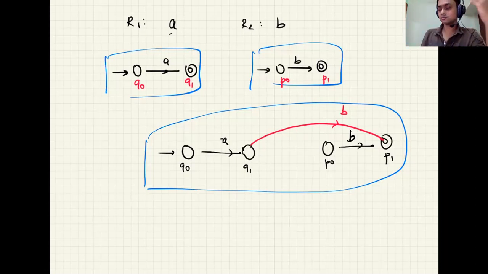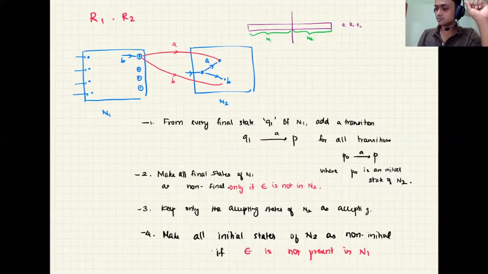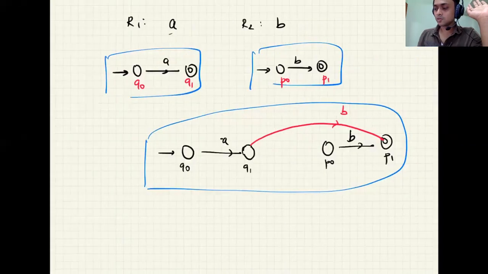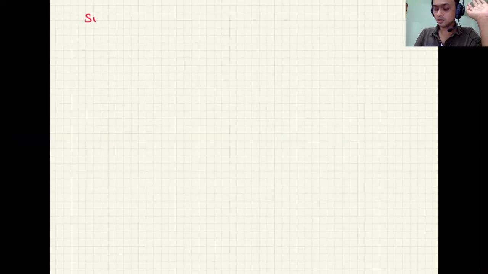So try to digest this in the meantime. What you can do is take some examples of R1, R2, draw NFAs for them, and then apply this set of rules to see whether you get an NFA for R1 dot R2. By now you will be able to get an R1 dot R2 directly, but in order to understand this algorithm, you can try this out. Okay, so this is the summary for today.